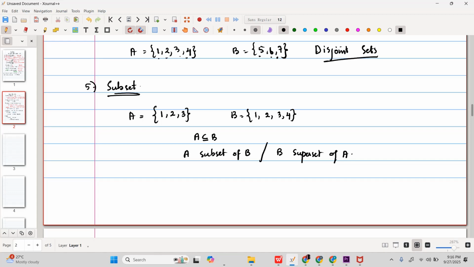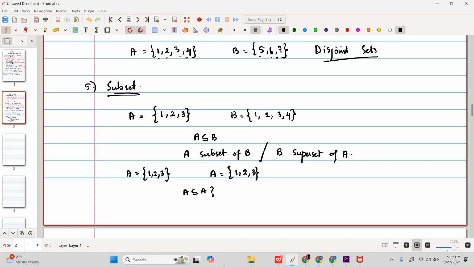So can we say that A is equal to the set 1, 2, 3 is a subset of A itself? In the place of B I am selecting A itself. Then can we say that A is a subset of A? Yes, because every element of A, 1, 2, 3, is an element of A also.